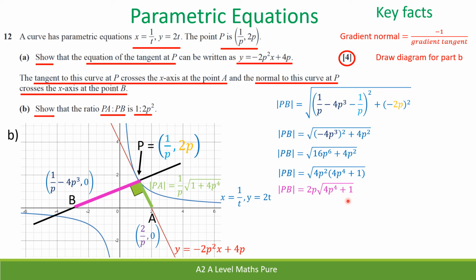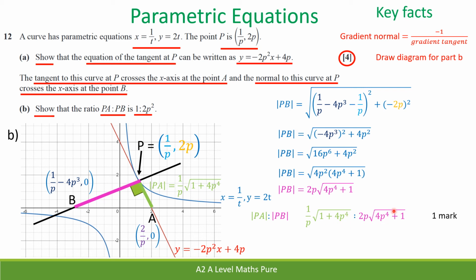So I now know the value of PB. Once I've got the value of PB, I know the value of PA, which is here. So we're comparing PA to PB, so we just need to put both of these terms equal to each other, or with the ratio in between. You'll see the bit under the square root is exactly the same. It doesn't matter whether it's 1 plus 4p to the 4 or 4p to the 4 plus 1, they're exactly the same.